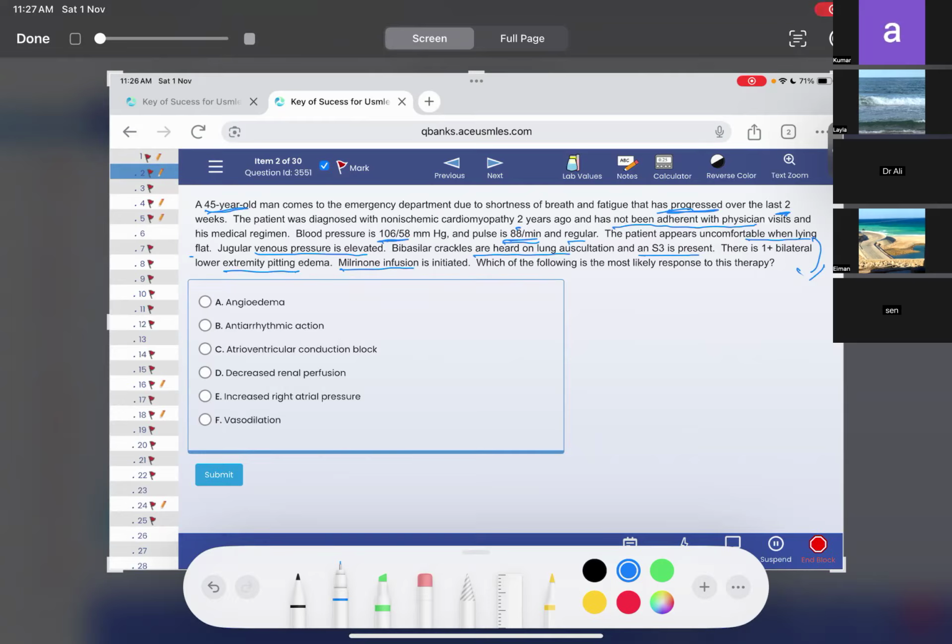So this is another MCQ in which they are asking about milrinone's mechanism of action. So what happens with milrinone infusion? Can anybody tell me what milrinone is? Anyone?